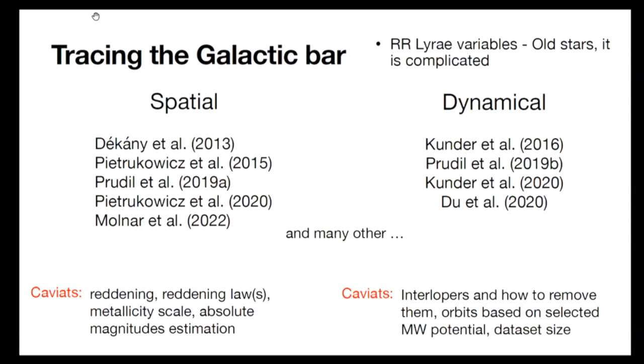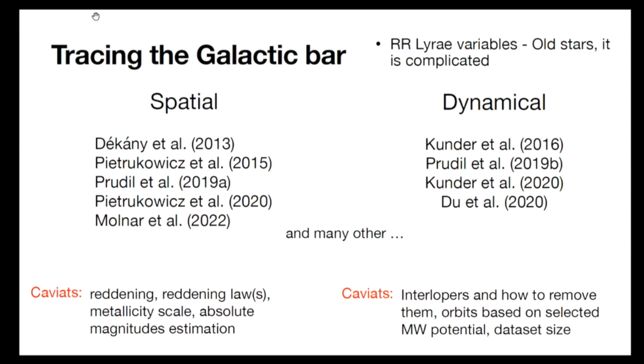On the kinematical side, as shown by Andrea Kunder in 2020, you have a considerable amount of interlopers from the Milky Way halo. RR Lyrae stars that are in the Milky Way halo, where they spend most of their time, pass through the Milky Way bulge on their orbit, and that's where we see them. When we look at the Milky Way bulge, approximately 25% of the RR Lyrae stars that we see are interlopers that pollute the view that we have on the RR Lyrae stars tracing the Milky Way bar.